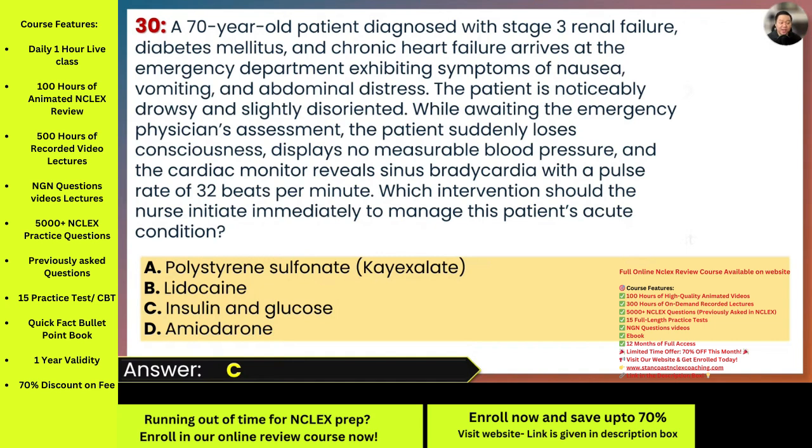We know that lidocaine is a class 1B antiarrhythmic drug. This is a drug that is going to treat ventricular dysrhythmias, but our patient has bradycardia. This is a result of hyperkalemia, not a ventricular arrhythmia. And this would not address the underlying cause of the bradycardia.